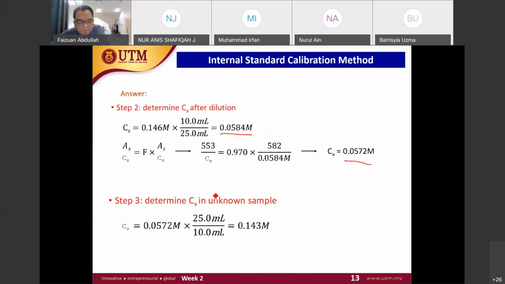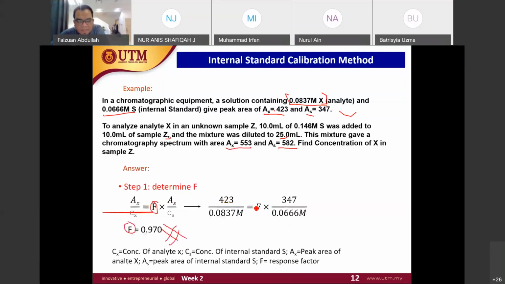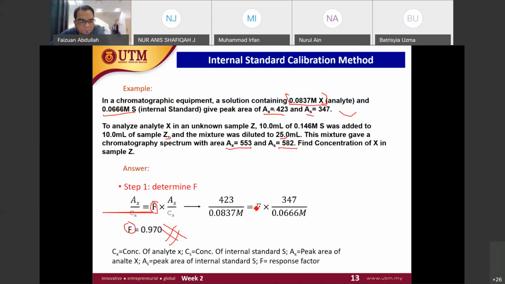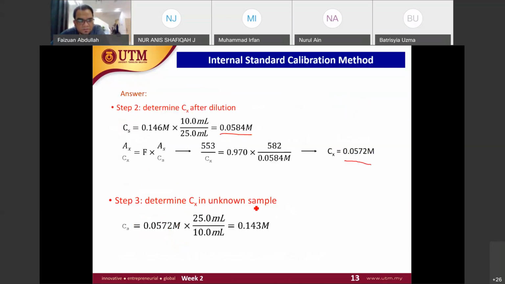Guys, after step 3, when we determine the Cx, we determine the Cs, all right? Now how to find the Cx in the sample Z? Do you have any idea? We have the response factor already, okay? The concentration of X after dilution.